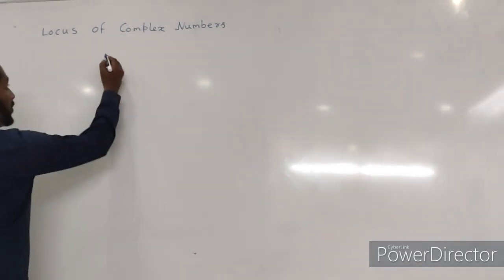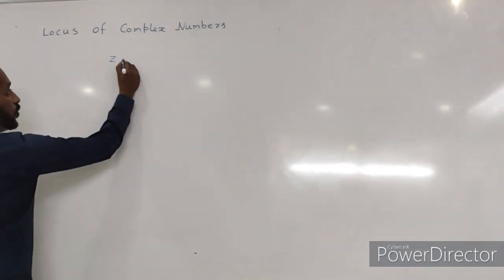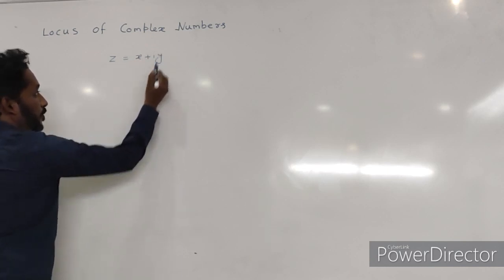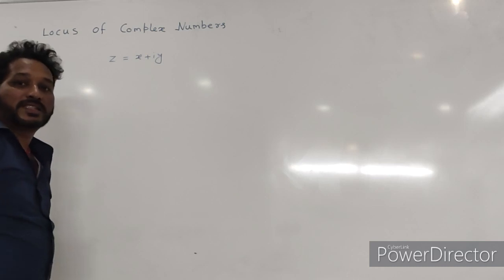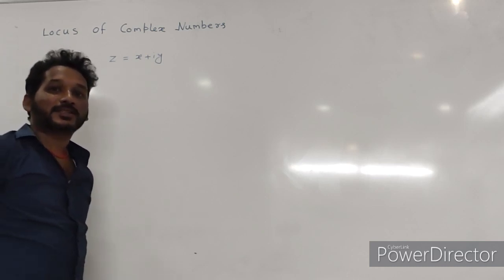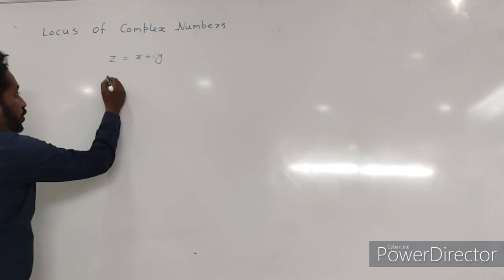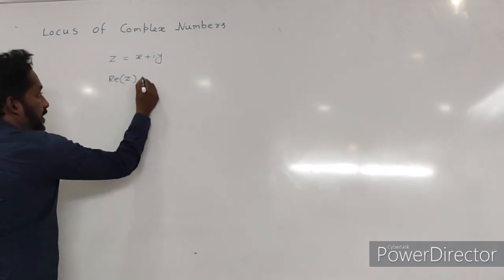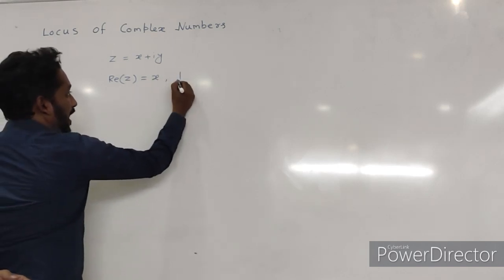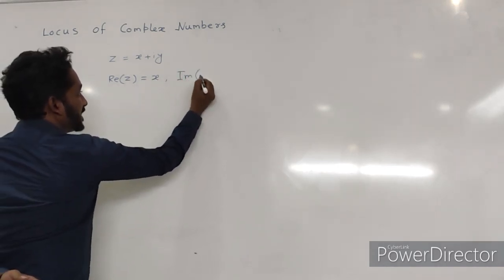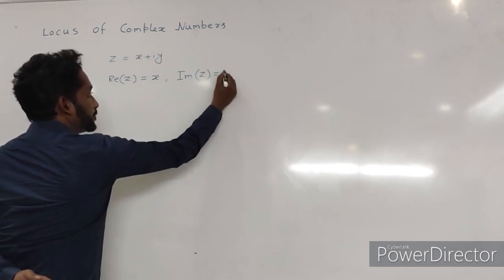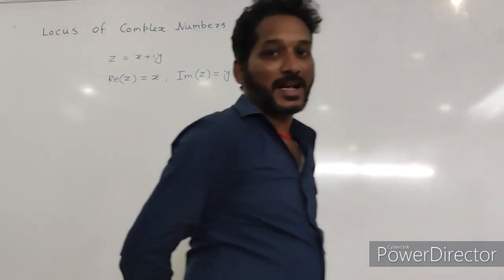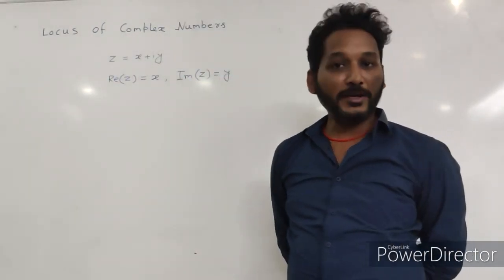Suppose we have a complex number z, which we are denoting as x plus iy. The real part of z is x and the imaginary part of z is y.